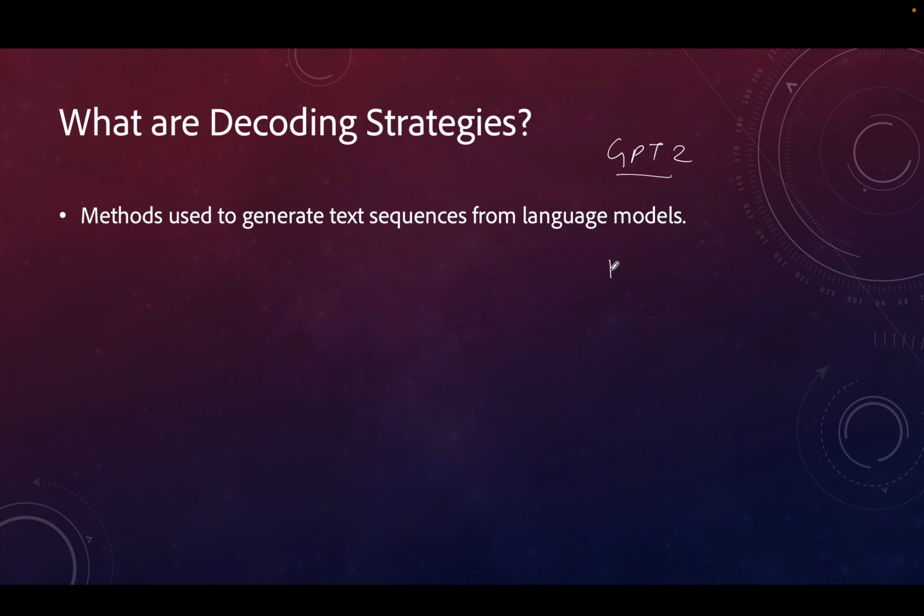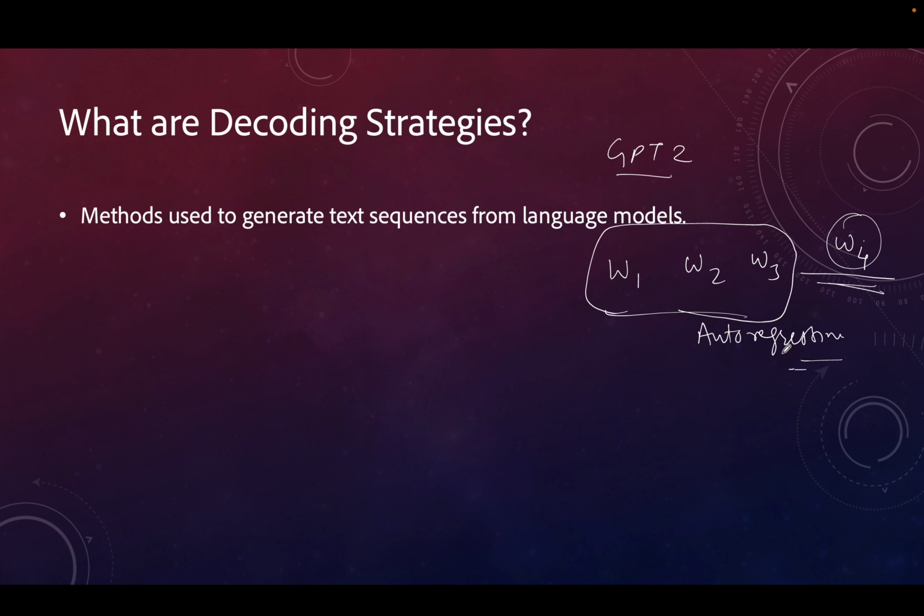We give some words, word 1, word 2, word 3, and the goal of the model is to predict what will come next, that is word 4. It's trained in this fashion. It's called autoregressive. There are different strategies for picking the next word, and these are called decoding strategies.